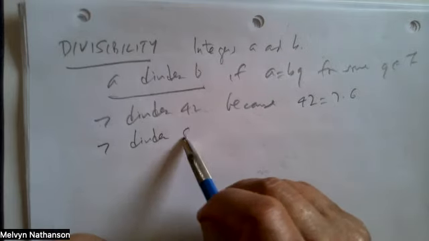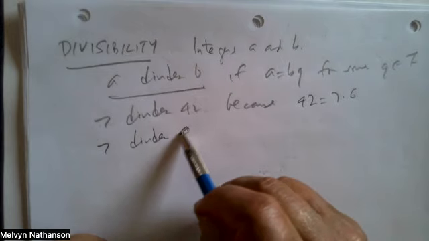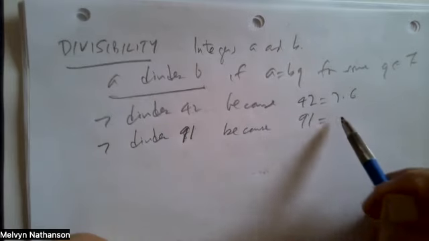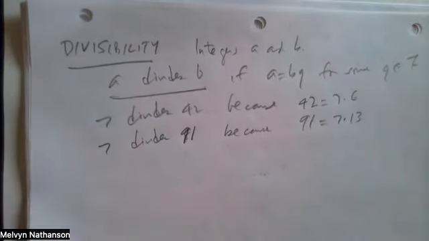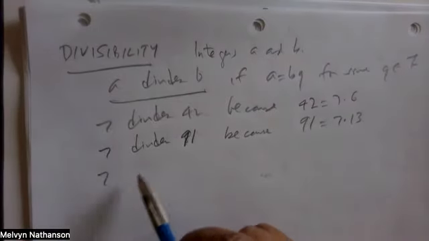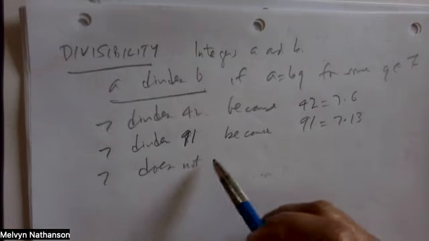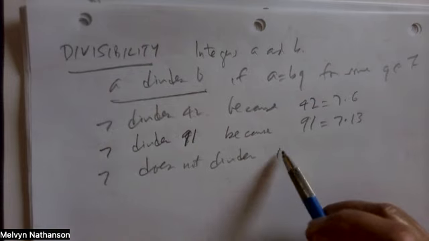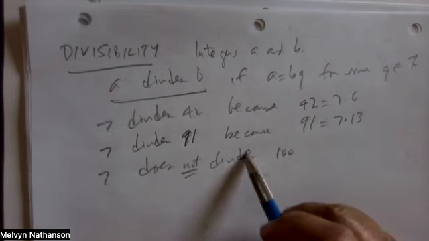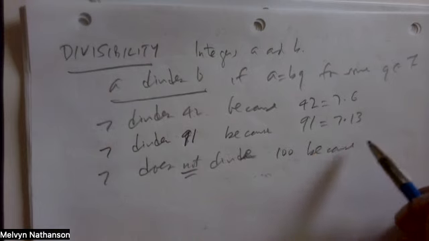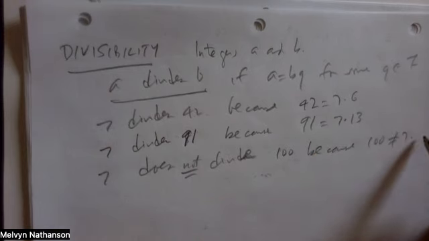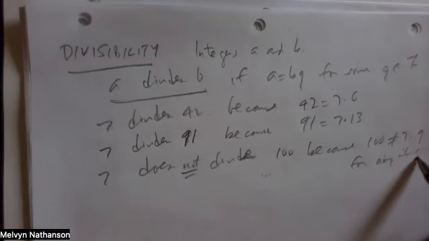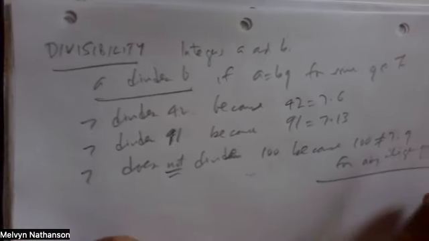Seven divides 91 because 91 is 7 times 13. 7 does not divide 100, because 100 cannot be written as 7 times Q for any integer Q. We're only looking at integers, right?